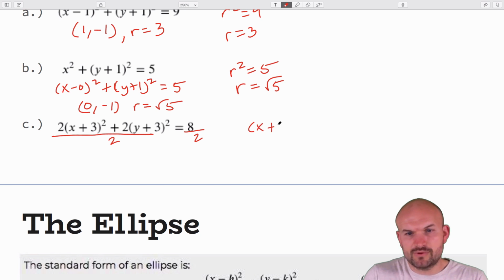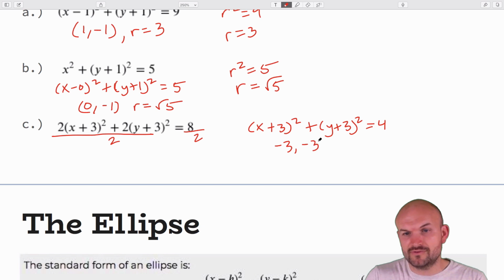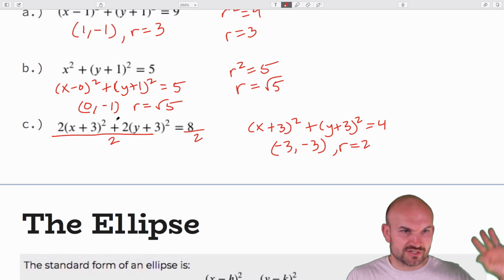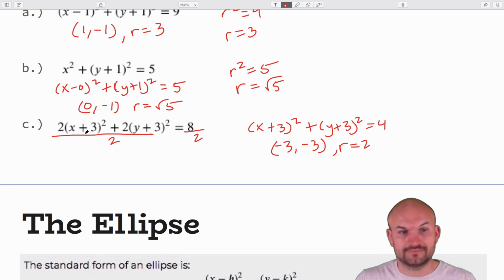So that's going to give us the equation (x + 3)^2 + (y + 3)^2 = 4. Now we can identify that the center is going to be (-3, -3), with a radius of 2. Okay, so again, if you have some extra numbers or something going on, just make sure you divide them out, so that the coefficients of your x squared and your y squared are going to be 1.